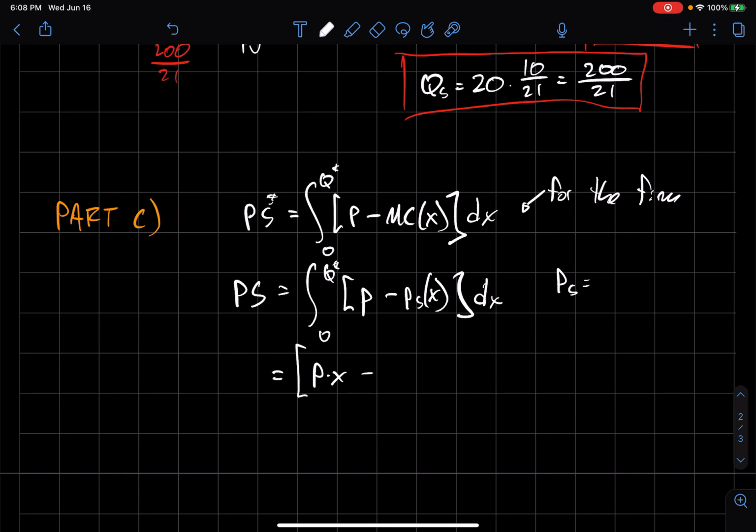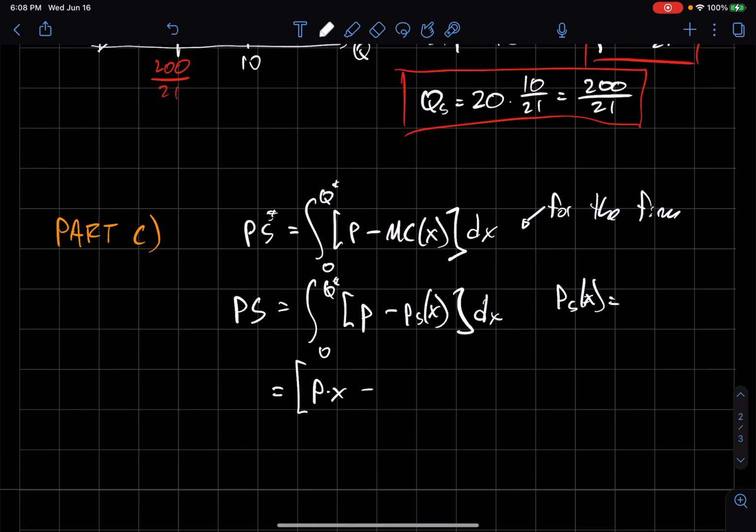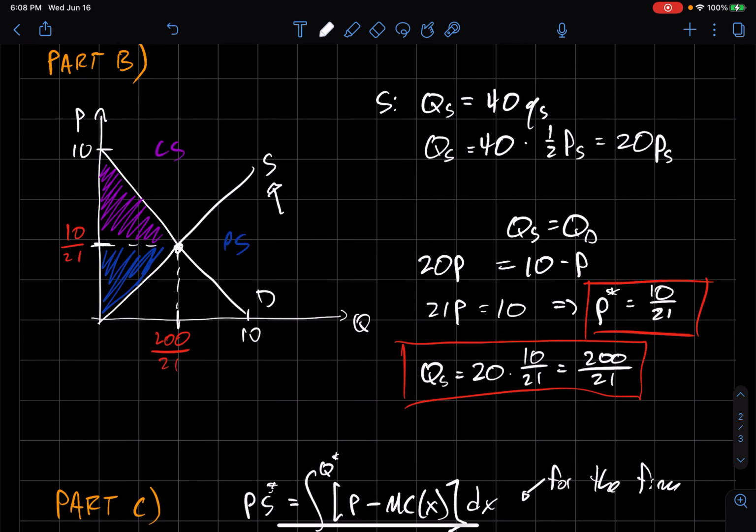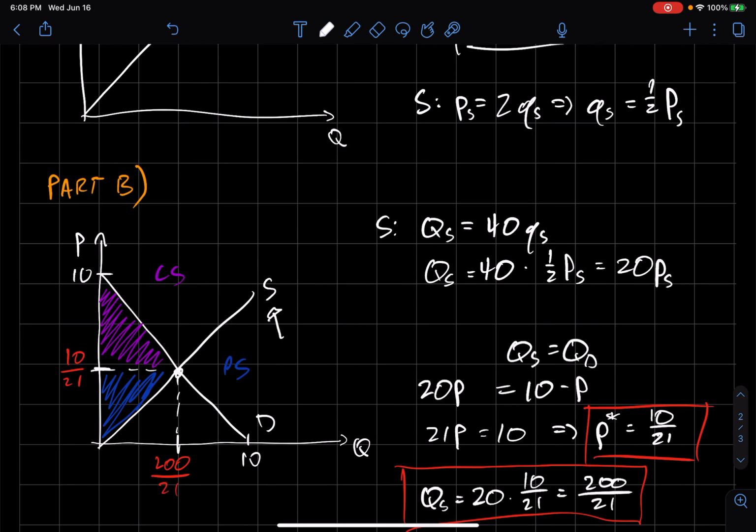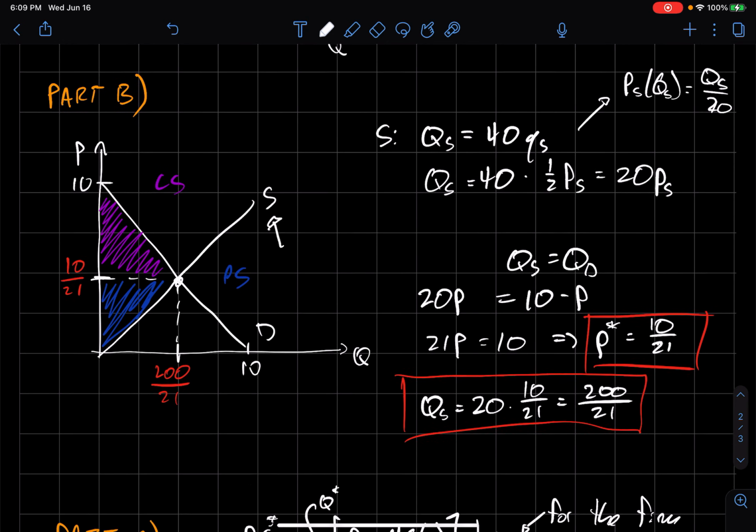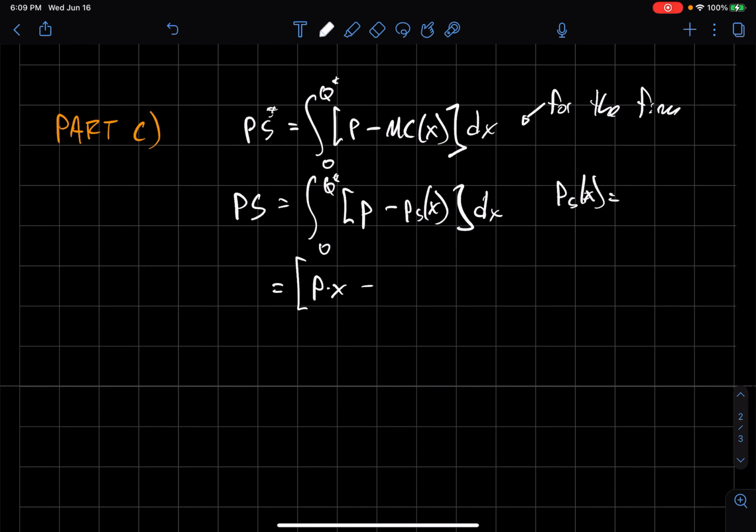So ps as a function of qs is qs over 20, so ps as a function of x is x over 20.